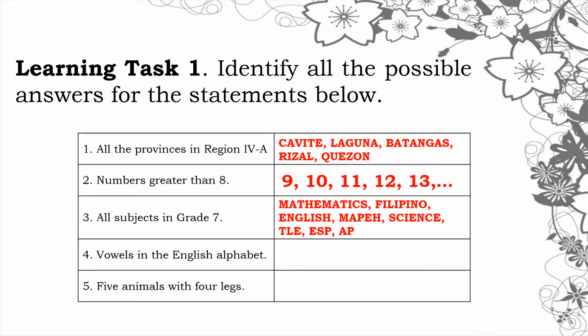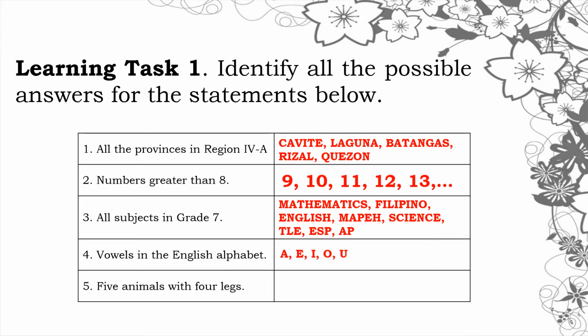Next, number 4, vowels in the English alphabet. Of course, we only have 5 vowels in the English alphabet: A, E, I, O, and U. Those are the vowels in the English alphabet. Next, number 5, animals with 4 legs.